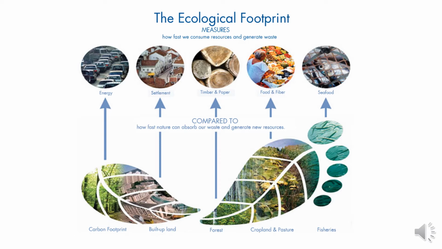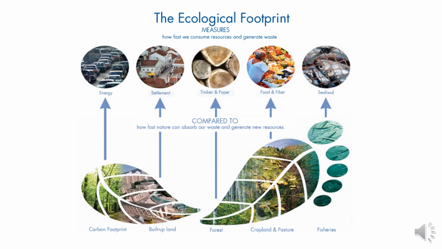Basically, it's measuring how fast we're consuming these resources and comparing it to how fast nature can actually absorb our waste or generate new resources for us to use. And usually it is not equal.